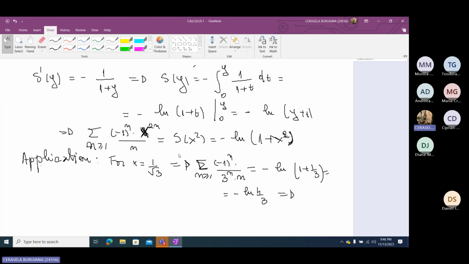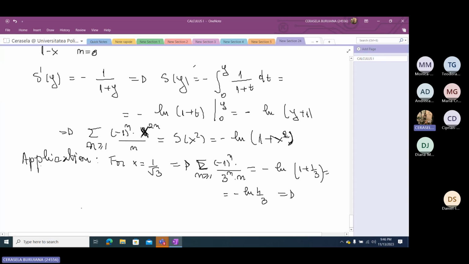I can multiply this equality by minus 1, and actually it becomes the sum of minus 1 power n plus 1 over 3 power n times n equals logarithm of 4 over 3.